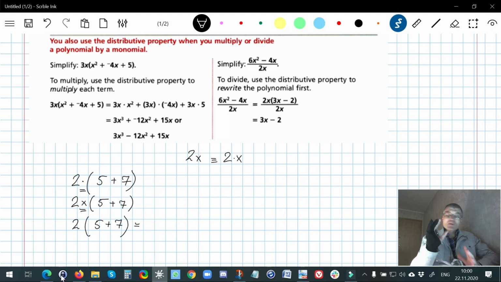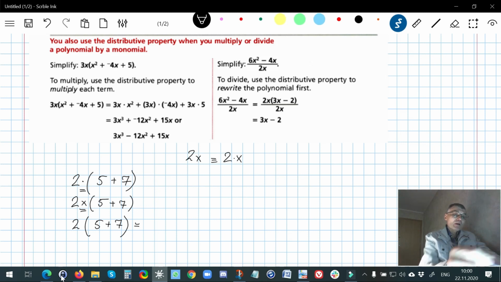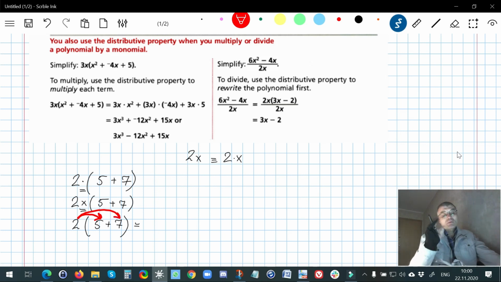But our aim is different. We want to multiply out. We want to multiply this 2 by the set of parentheses in a different way. We want to remove the parentheses, and to do that we have to multiply this 2 by both expressions written inside parentheses.